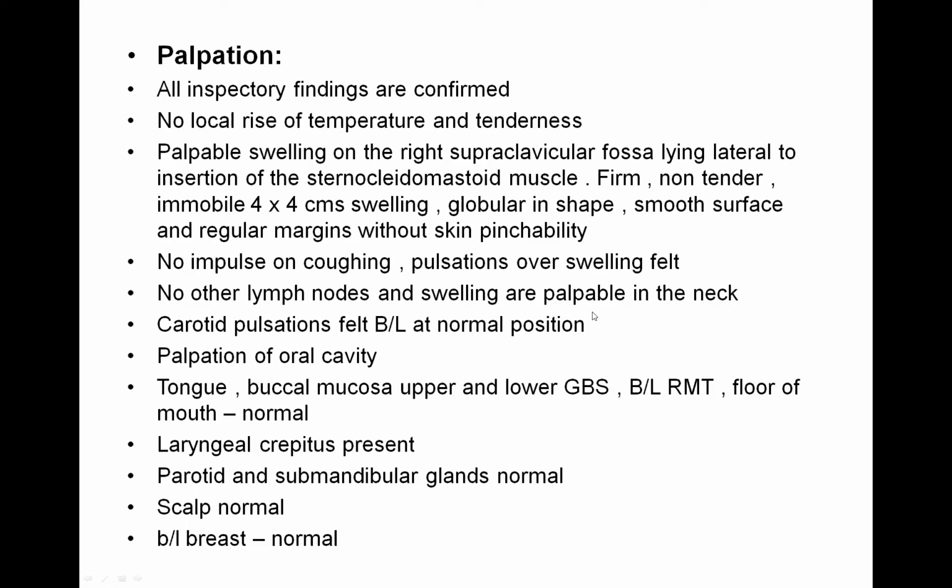All of this can be there in various differential percentages. Then your viva can go on to any of these, whatever your examiner is comfortable with. Then there will be rare causes.